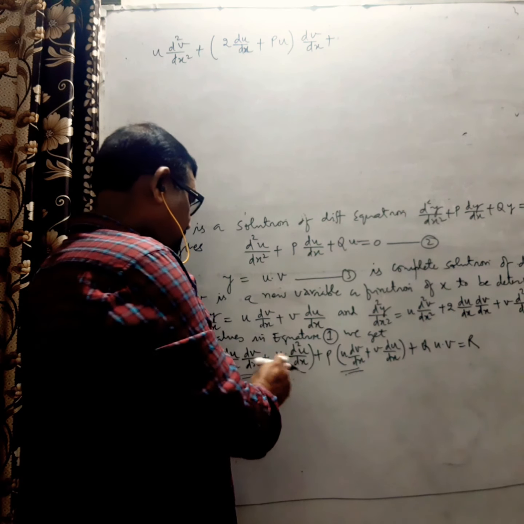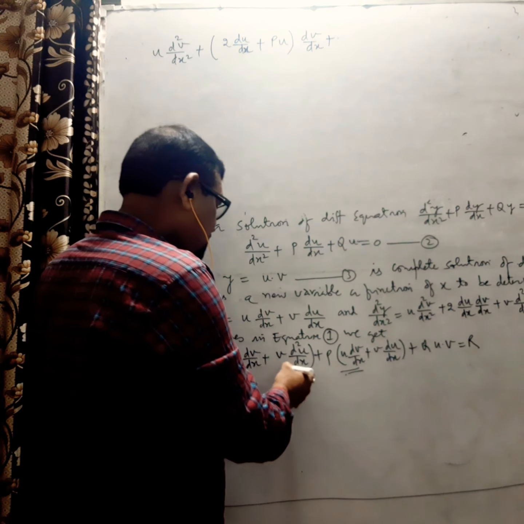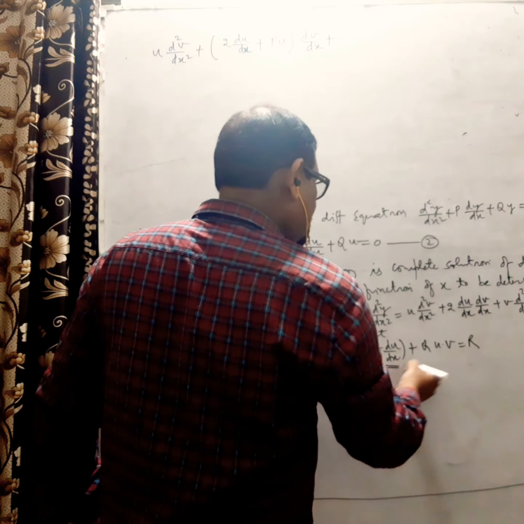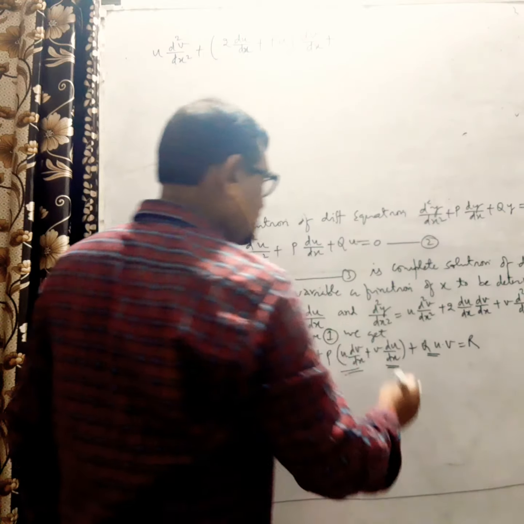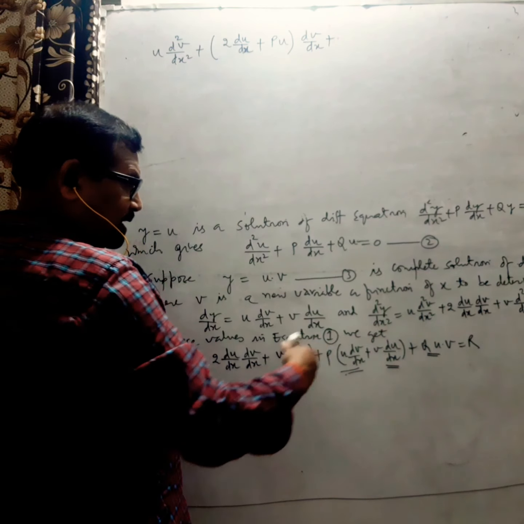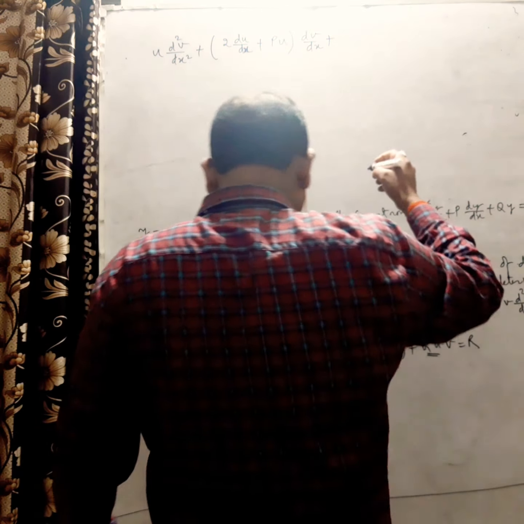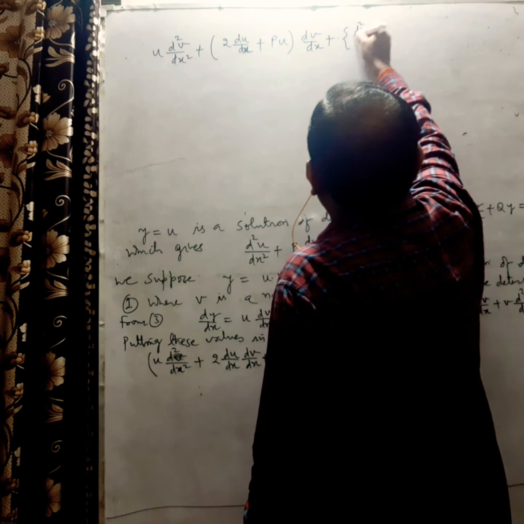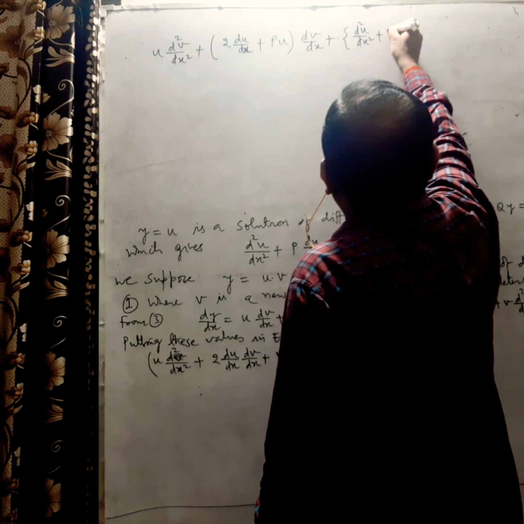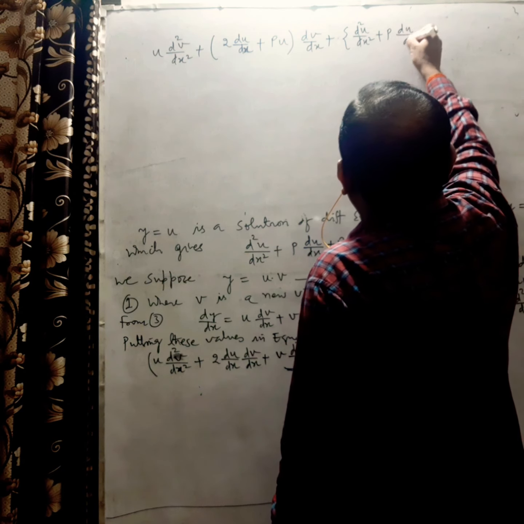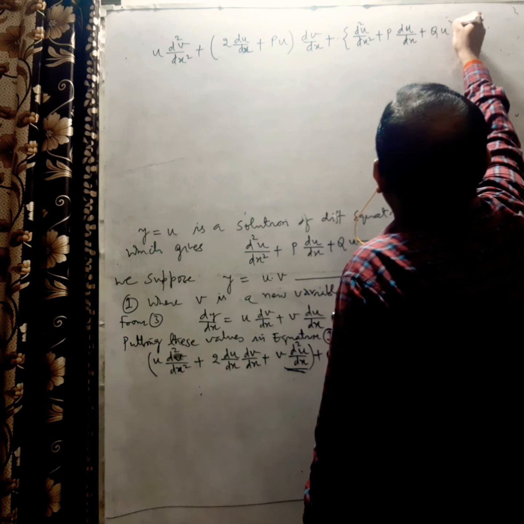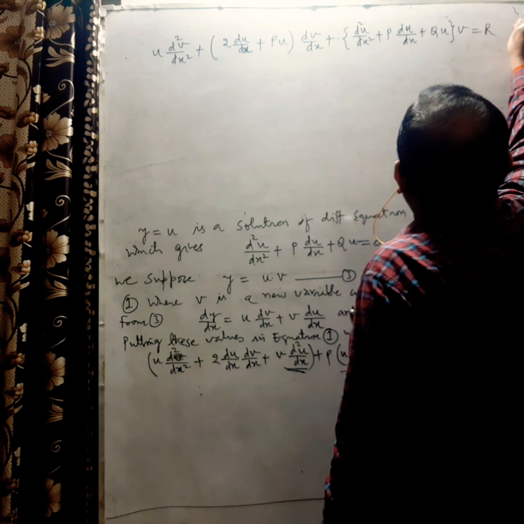This term contains v, this term contains v as well, and taking v common, you get d2u upon dx square plus p du upon dx plus q u into v is equal to r.